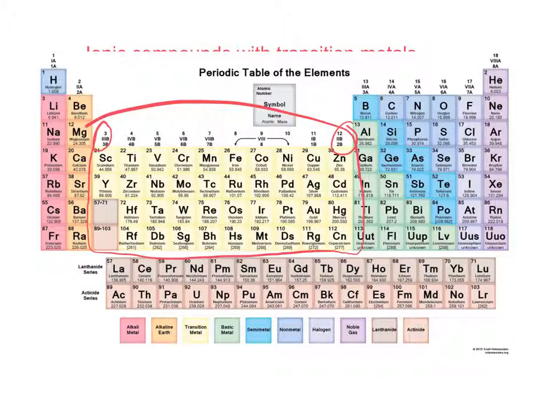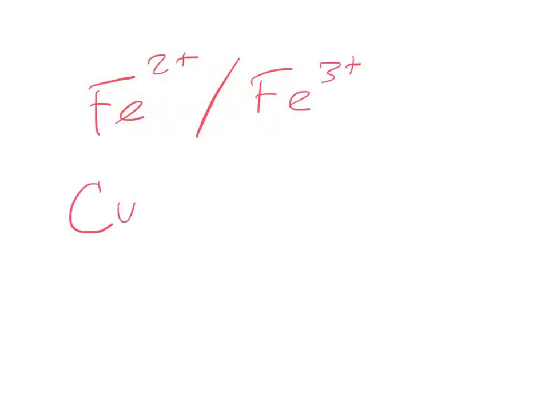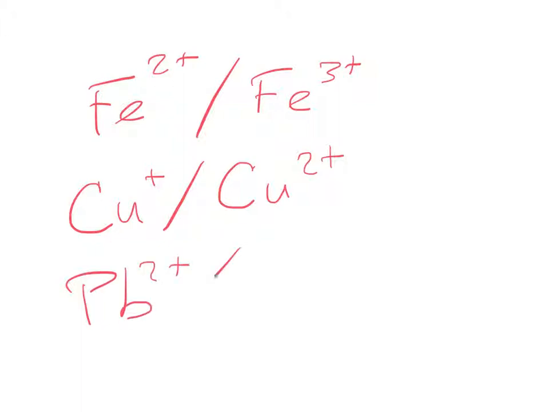However, many of these metals can have multiple ionic charges. So here are some examples. We have iron. Sometimes iron is Fe2+, sometimes it's Fe3+. Copper: sometimes it's copper 1+, sometimes it's copper 2+. We have lead. Sometimes lead is 2+, sometimes lead is 4+.